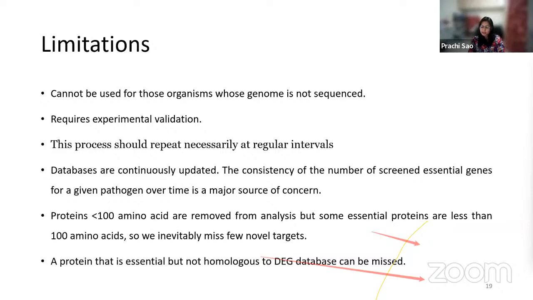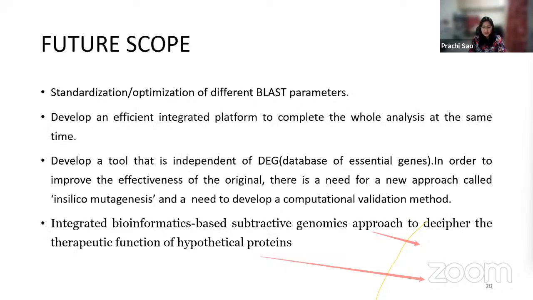So these are some of the limitations, but these limitations make a very beautiful project for all bioinformaticians, because we can standardize the parameters as a project. You can study various literature and standardize your BLAST parameters. We can also develop an integrated platform.